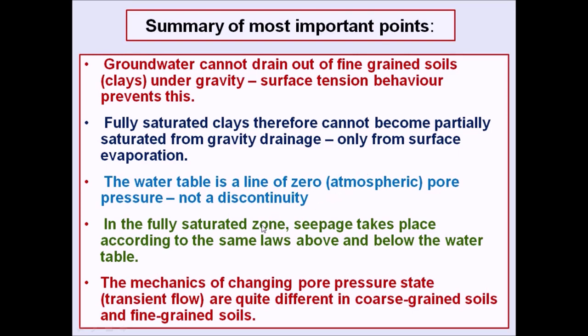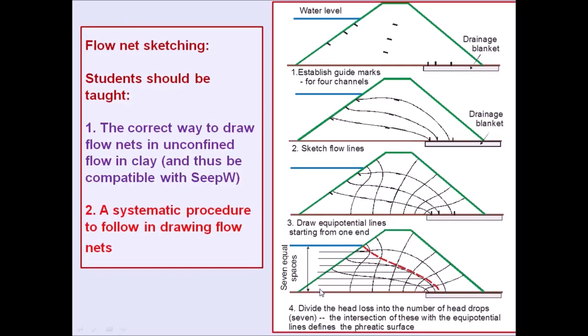In the fully saturated zone, seepage takes place according to the same laws above and below the water table. But we note that the mechanics of a changing pore pressure state are quite different in coarse-grained soils and fine-grained soils.